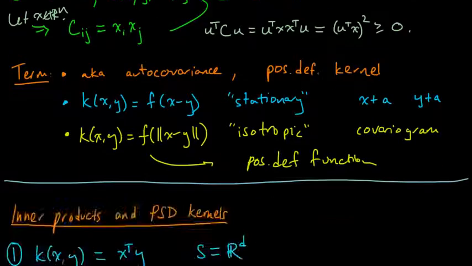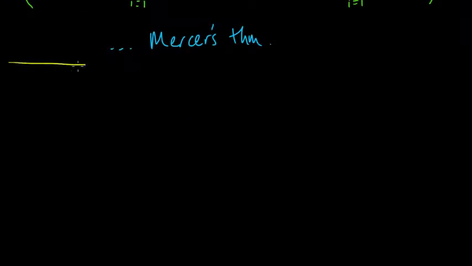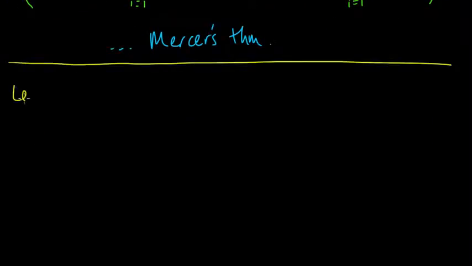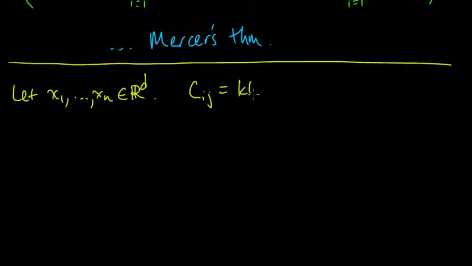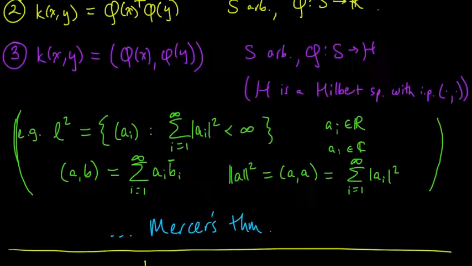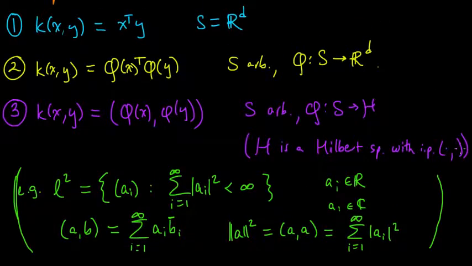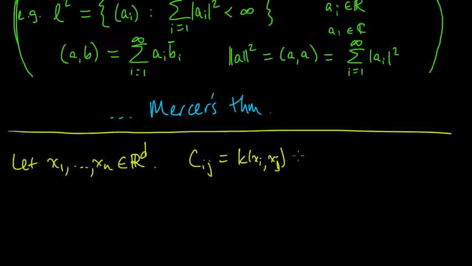Okay, so let's check that. Following that prescription, let x1 to xn be in R^d. We form the matrix C, and this entry C_ij is k(xi, xj), which by the definition of our kernel is xi transpose xj.